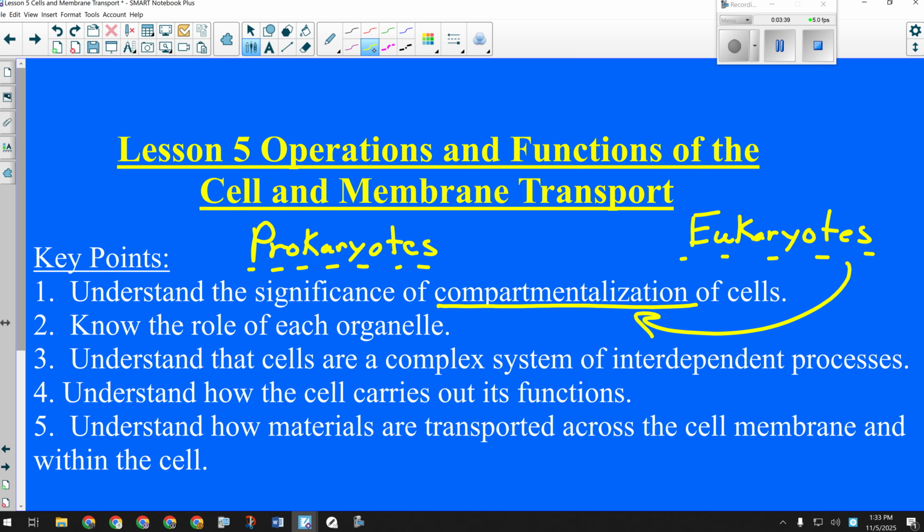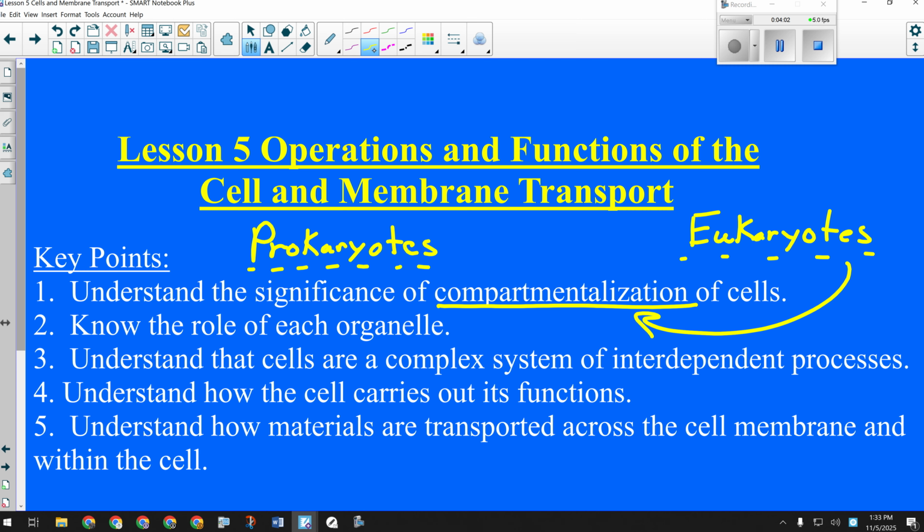Okay? That's why I've drawn that arrow from eukaryotes to compartmentalization. Okay? That means the diagrams that we just labeled, those are of eukaryotic cells. They have organelles. They have parts inside. And they have a nucleus, rough ER, and all of that kind of stuff.